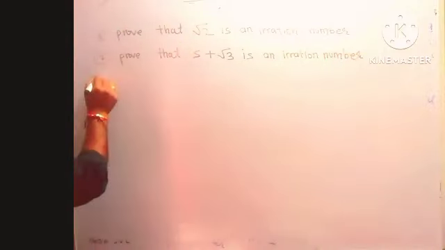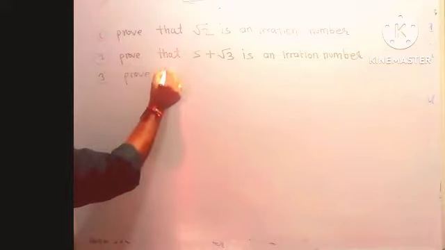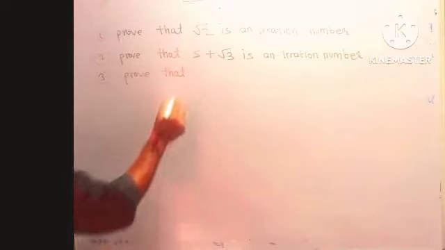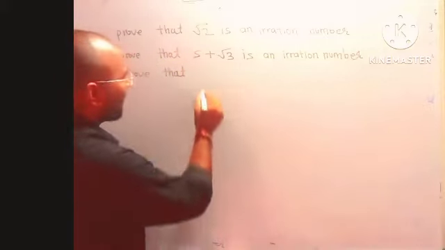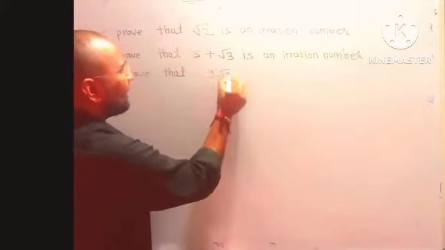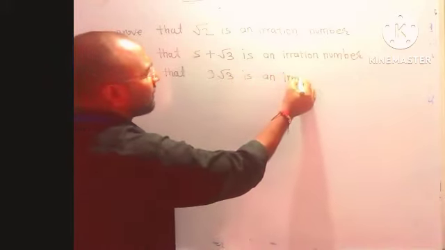And third question, prove that 9 root 3 is an irrational number.